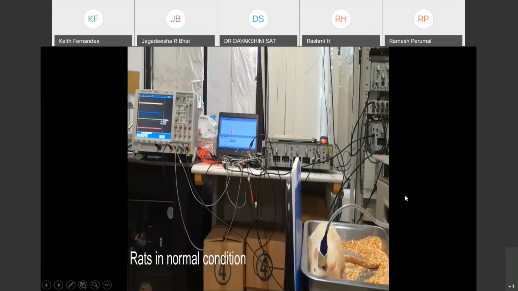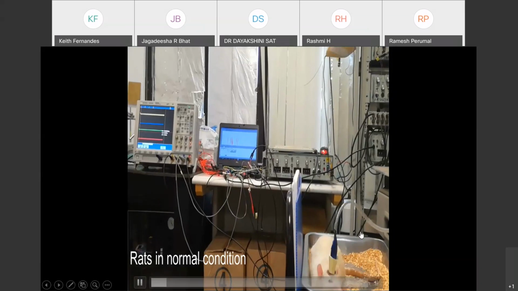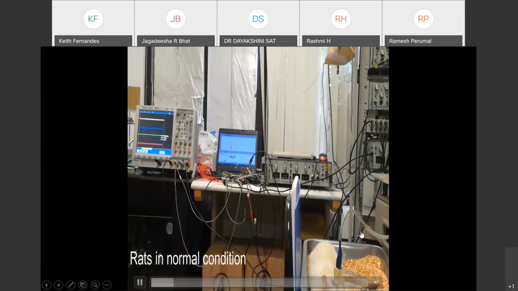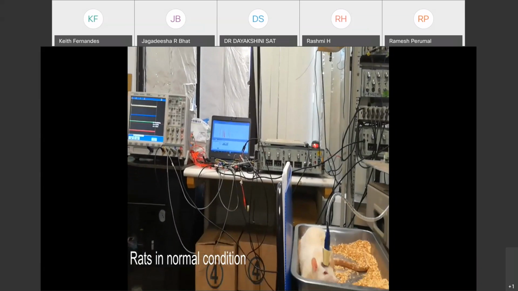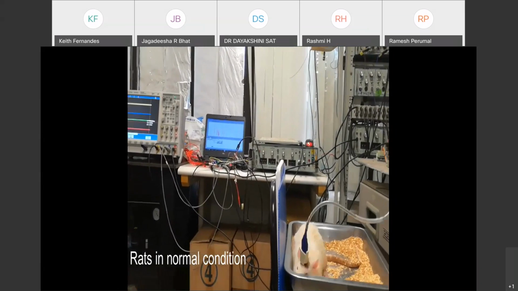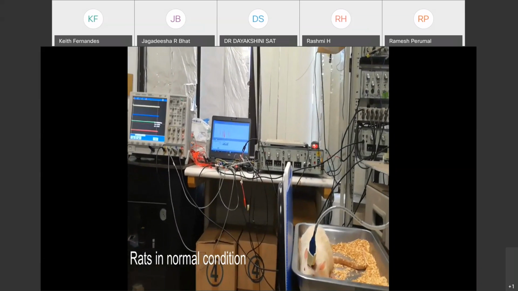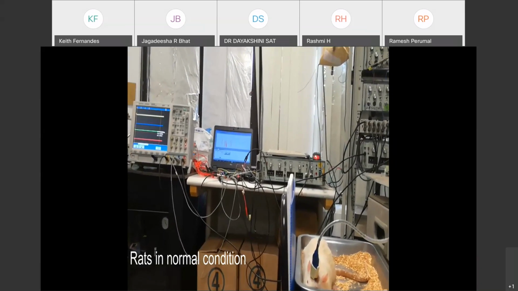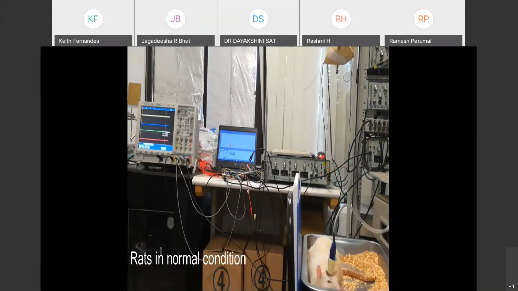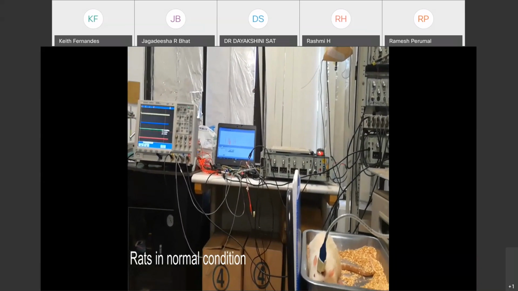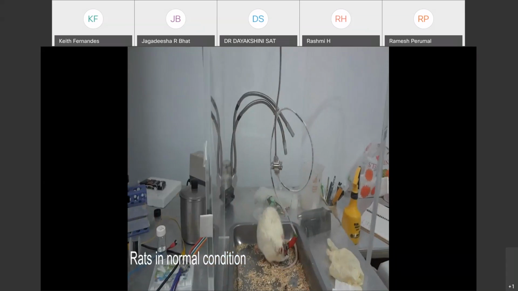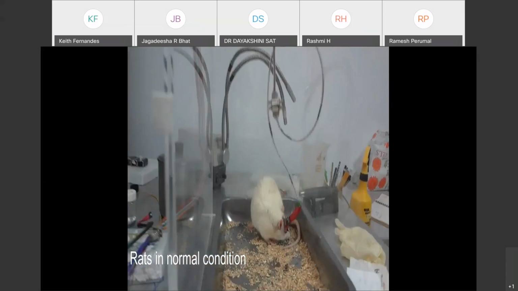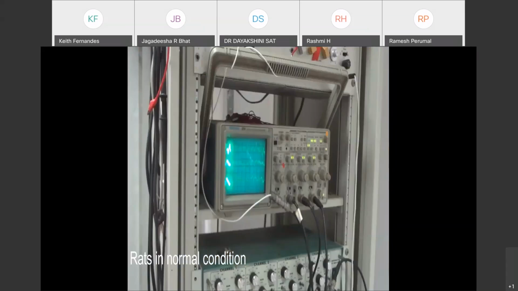Rats under normal conditions are free to move, with no abnormal movements. But suddenly they show some involuntary movements. That shows the characteristics of a Parkinsonian rat. This rat is induced as a Parkinsonian rat model.